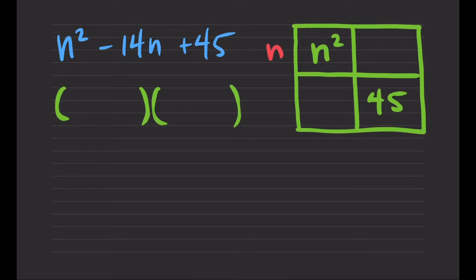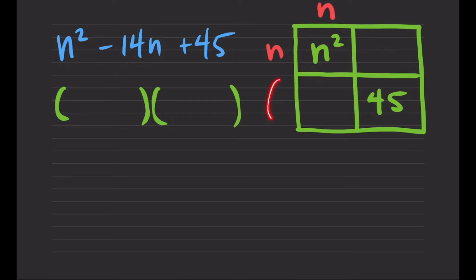First of all, this is going to be n, and this is going to be n. But what remains to be seen is what this is equal to and what this is equal to, and therefore what's here and what's there. So that's our goal. So one thing that we do know is that this plus this must be equal to negative 14n.